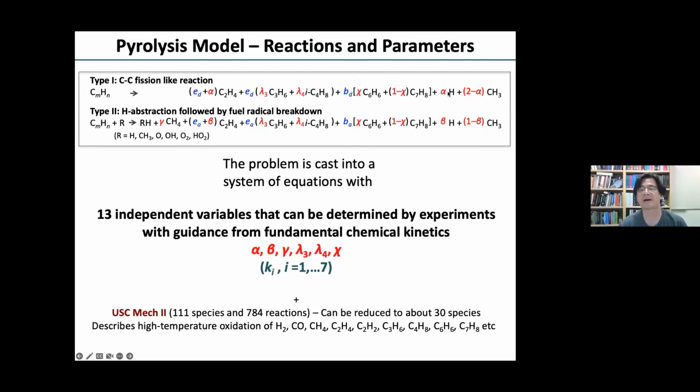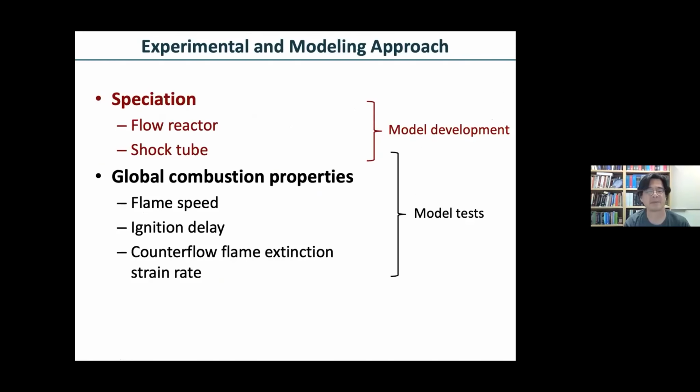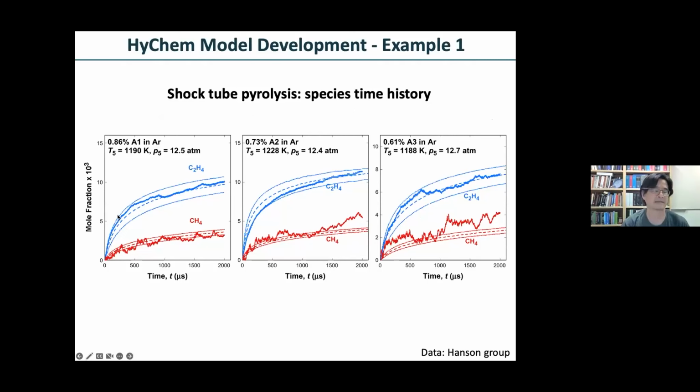What's left is alpha and beta. Alpha and beta are related to radical time growth, therefore related to overall global reactivity. These two parameters are now fitted against measured species profiles, the time history for ethylene and methane.